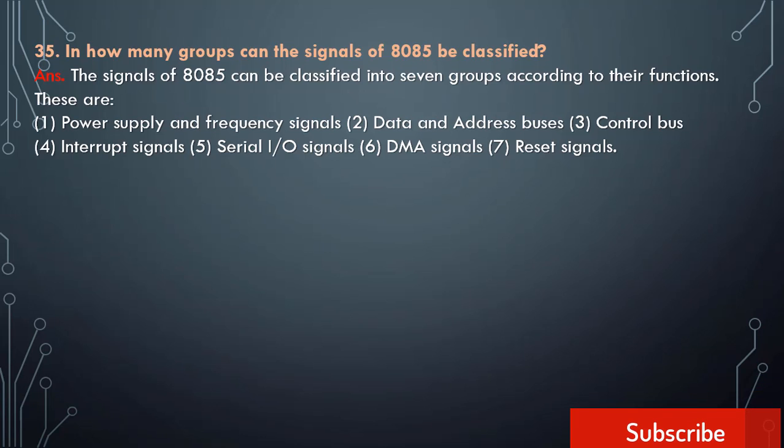These are: the first one, power supply and frequency control; the next one, data and address buses; the third one, control bus; the fourth one, interrupt signals; the fifth one is serial input output signals; the sixth one is DMA signals; and the last is reset signals.